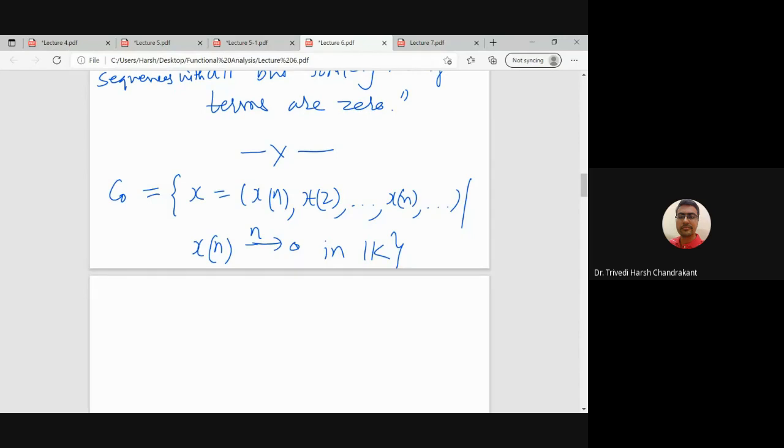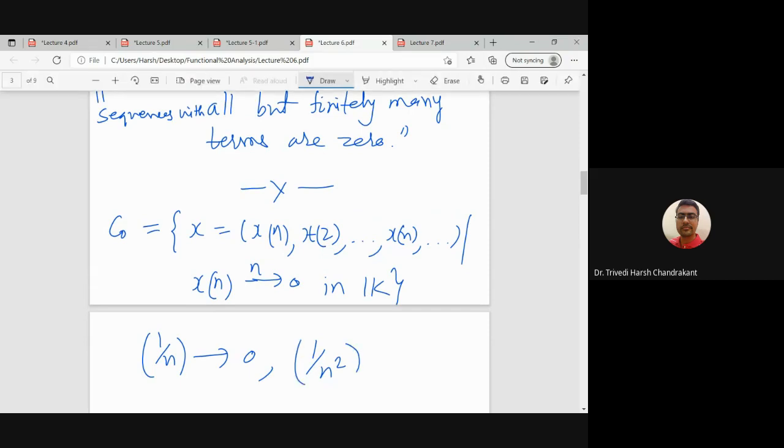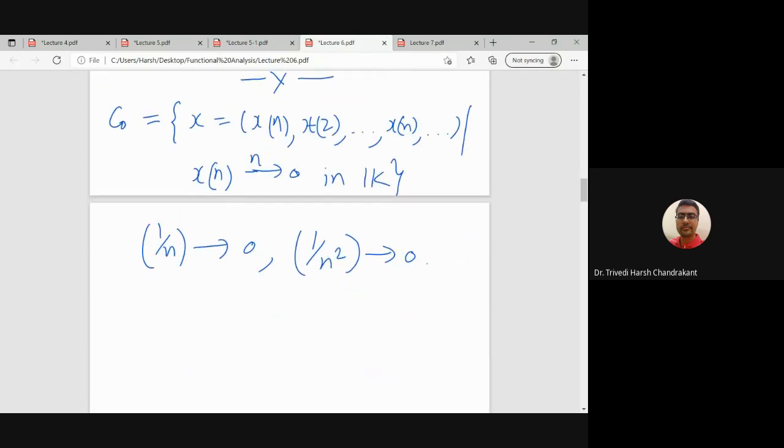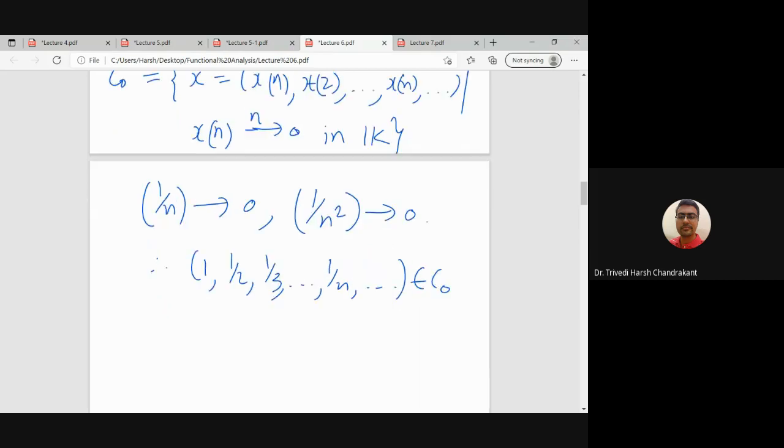So what are the sequences in C0? Again, the 1 upon n sequence converges to 0. 1 upon n square also converges to 0. So therefore, these are examples of elements of C0.